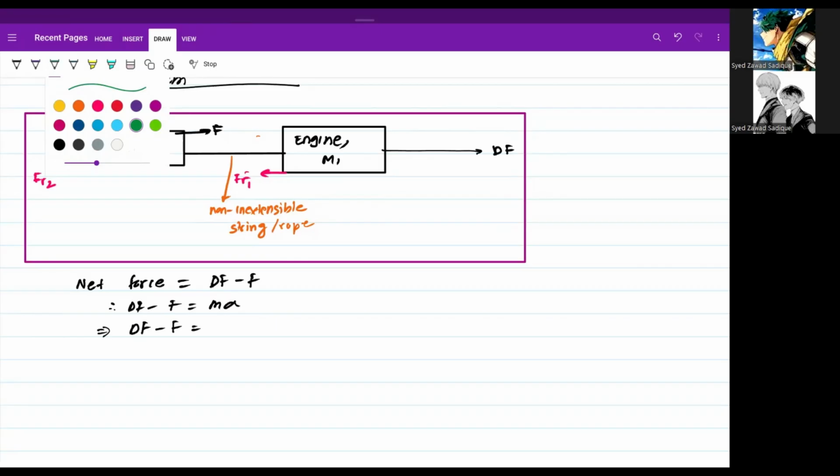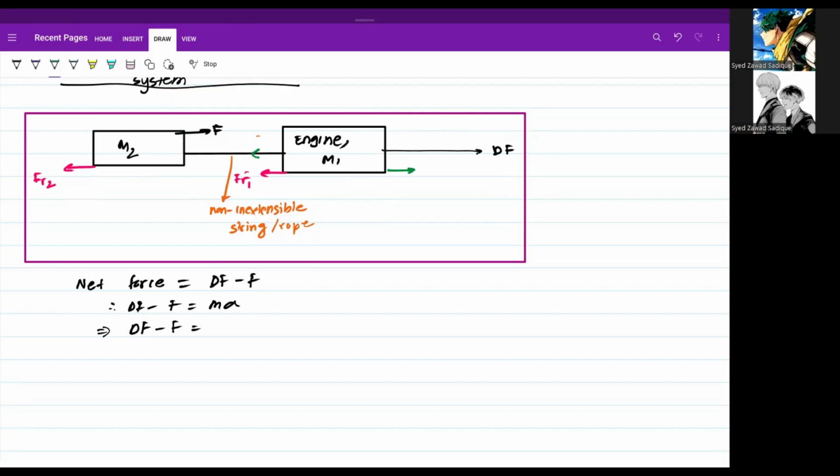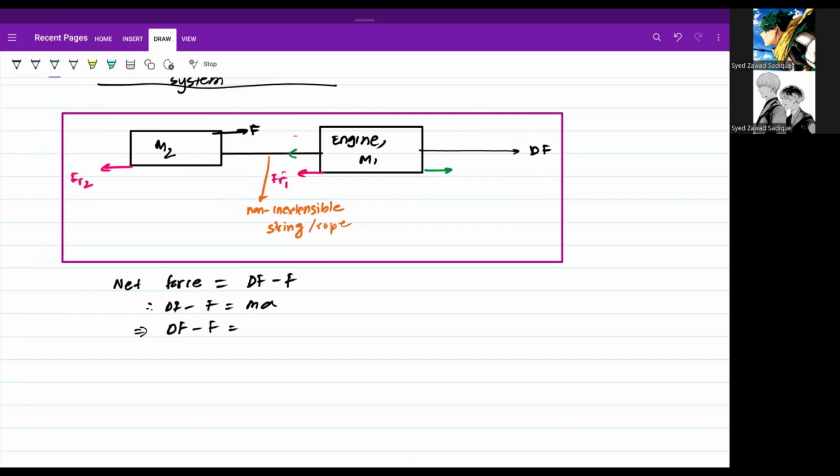Engine 1, since it's moving towards the right, since its resultant is to the right, its tension will work backwards.